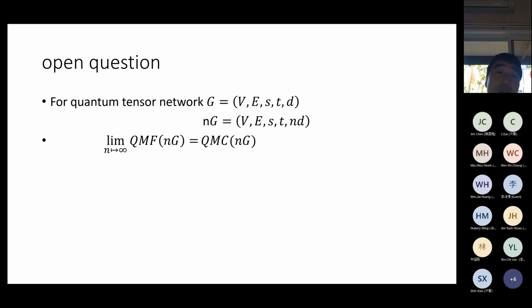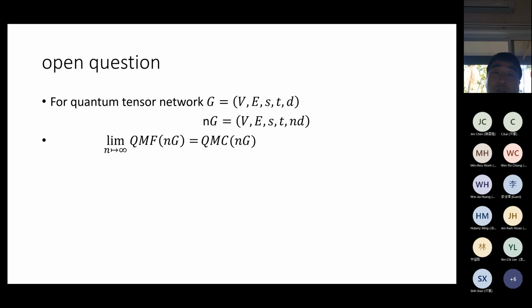And there are open questions. The open question is, for quantum tensor network, the original conjecture can be interpreted as: for n, as long as n goes to infinity, quantum max flow of Ng equals quantum min cut of Ng. But we only show that there exist infinitely many n such that quantum max flow equals quantum min cut.